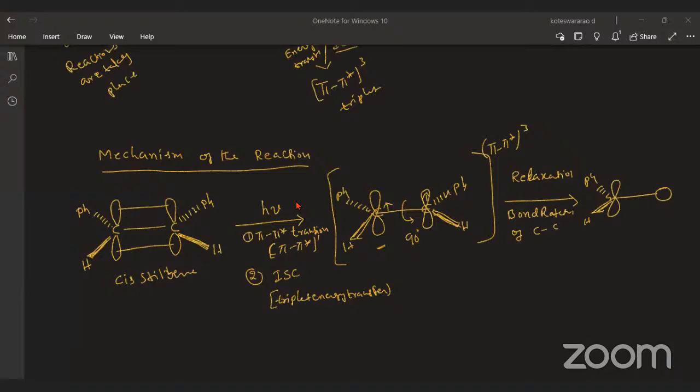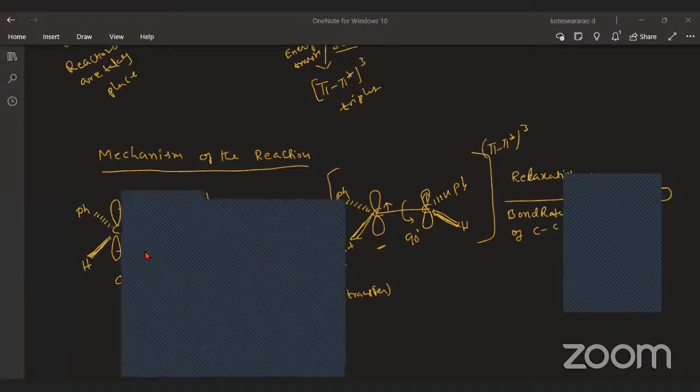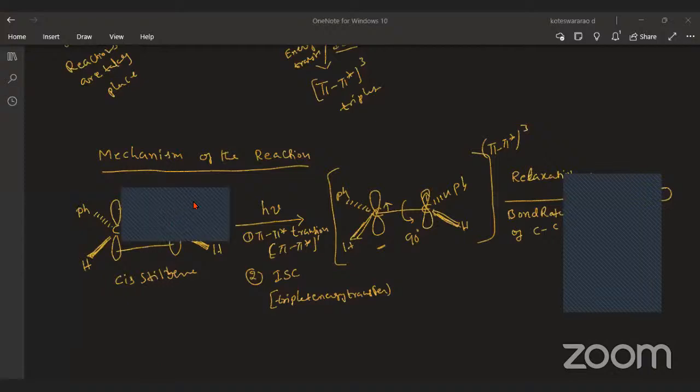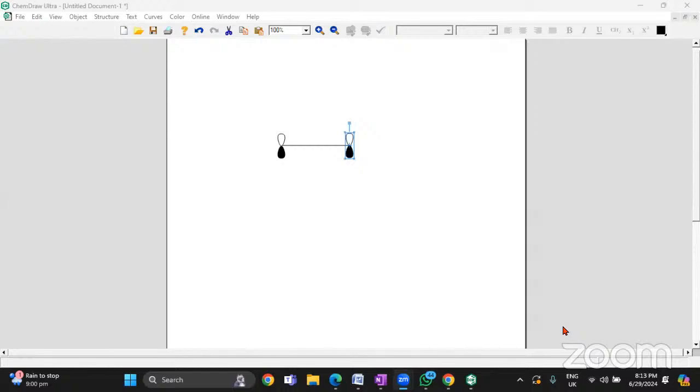I will show you in the 3D model. Are you seeing this one?